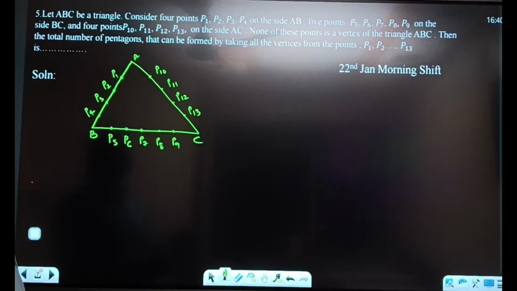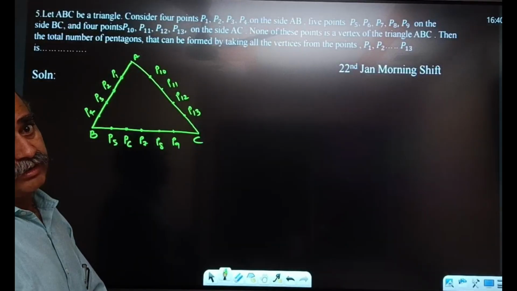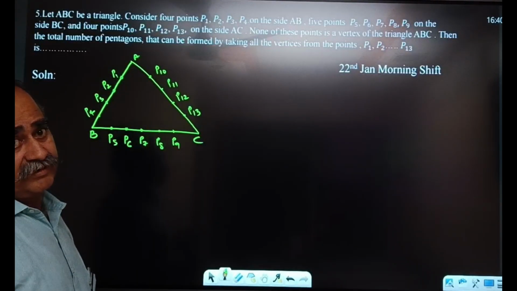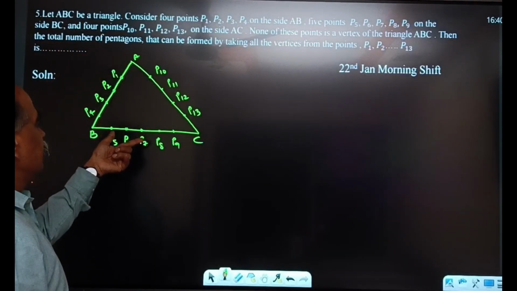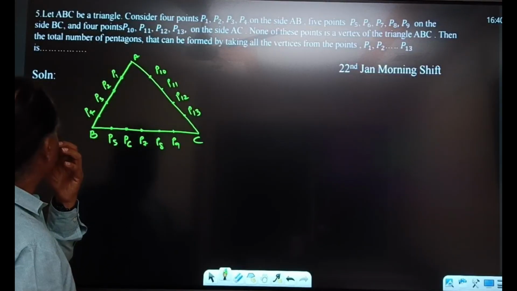Then the total number of pentagons. Now a very important thing is: pentagon means we need to select 5 vertices. So we can take 2 vertices from AB, 2 from BC, and 1 from AC.